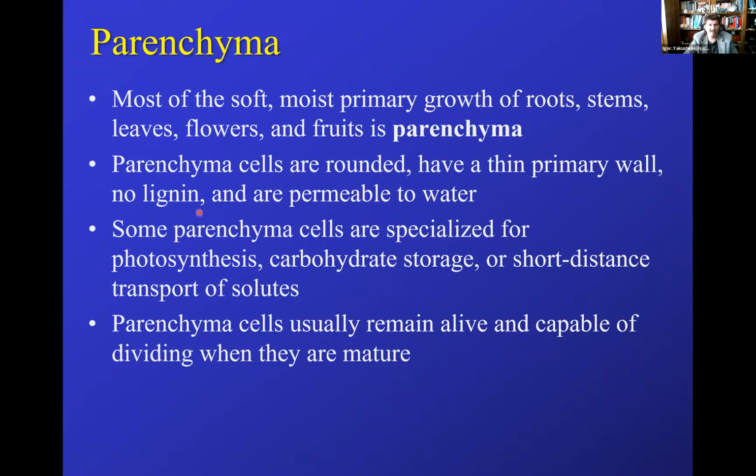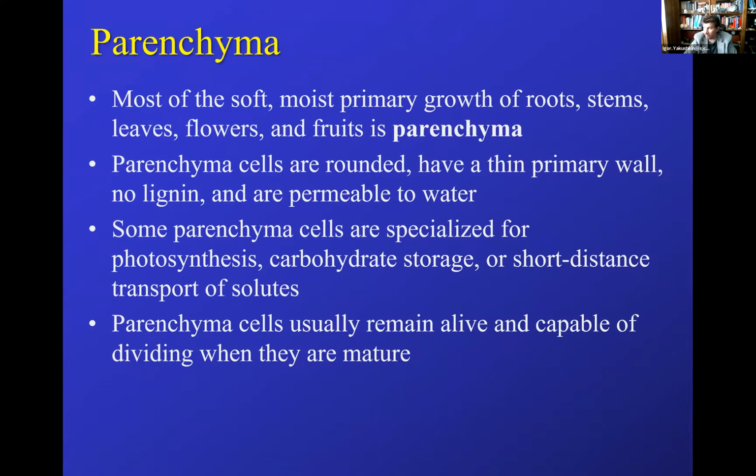Many of them are fast dividing, meristem so to speak, and can be used for carbohydrate storage and short distance transport, not long distance, because for long distance we have special tissues known as vascular tissue. Parenchyma cells are usually alive and capable of dividing whenever they mature.